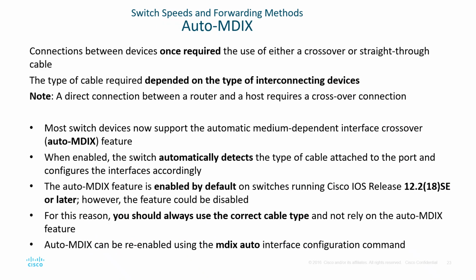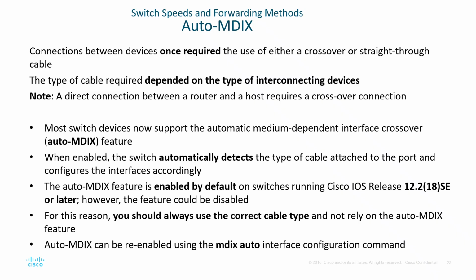So connections between devices once required the use of either a crossover or straight through cable. And I've talked to you about this before, this auto MDIX feature. Okay? And I've also told you in my classroom, you need to know which type of cable to use for which scenario. So the type of cable required depended on the type of interconnecting devices. A direct connection between a router and a host requires a crossover cable because it is a NIC-to-NIC communication.